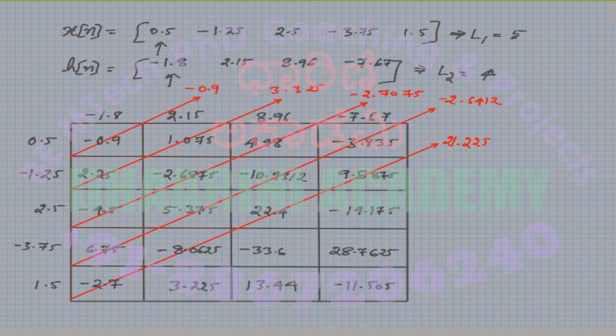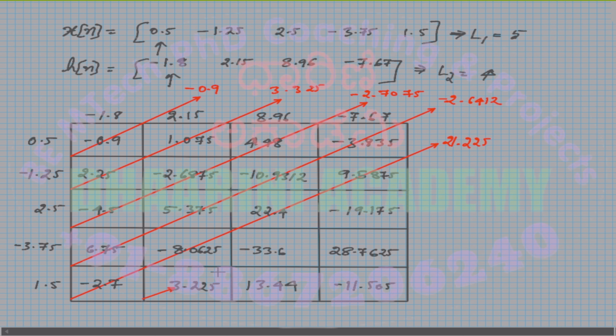Then move on to the next one, which is along this line, giving minus 49.55. All right, then two entries along this pattern.